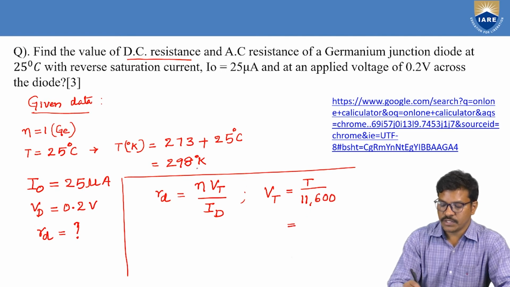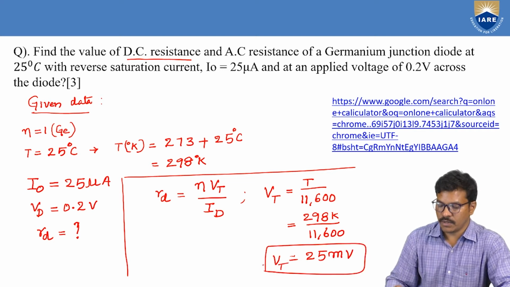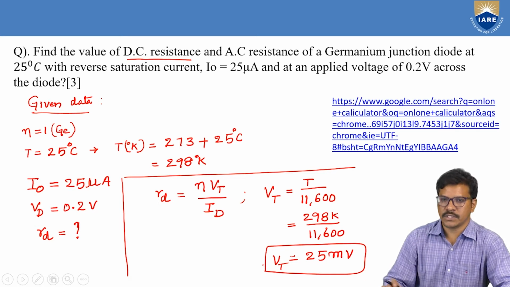Substituting 298 Kelvin by 11,600, we get approximately Vt equal to 25 millivolts.